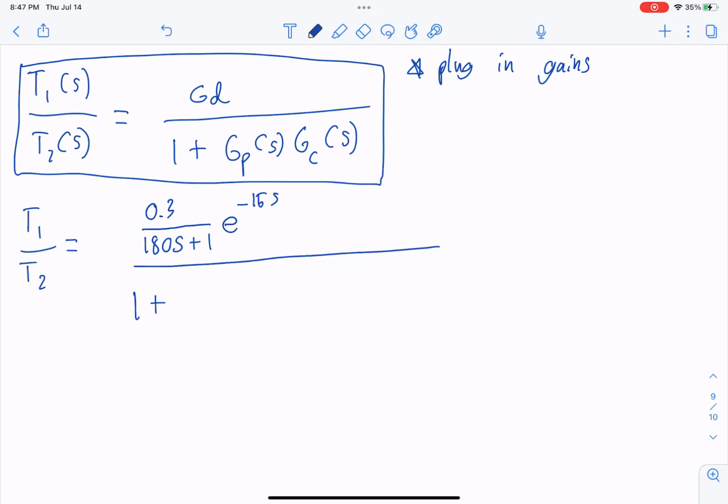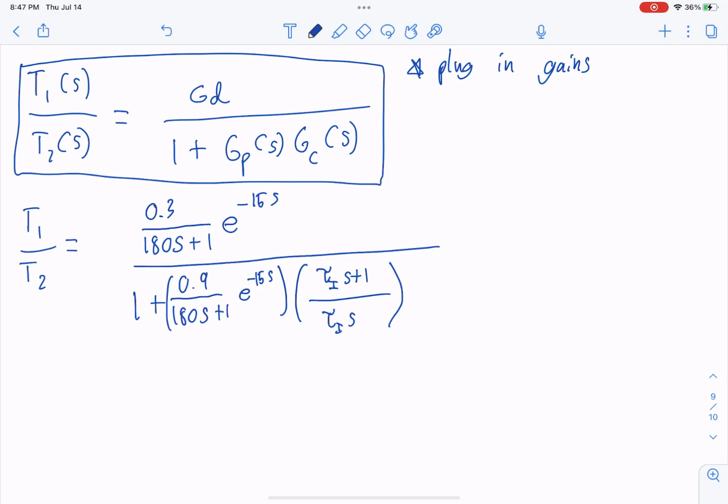1 plus GP. GP is the process. If we remember, that's going to be 0.9 over 180s plus 1, e to the negative 15s. This is all multiplied by our controller constants, which are tau I s plus 1 over tau I s, and that's also times e to the negative 15s. Is it? Let me check.